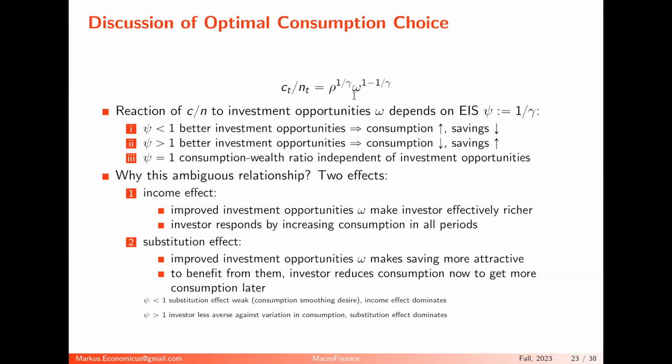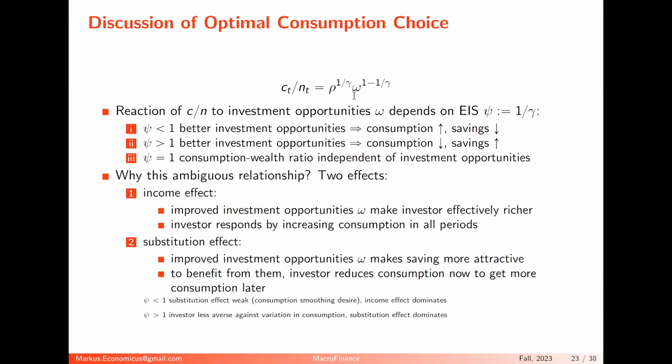I'm feeling very wealthy now, I want to consume some of it and smooth it across time and consume already today some. Or I say, oh my God, it's a great opportunity and I don't want to smooth so much. My smoothing force is not so powerful, but I want to exploit this opportunity as much as possible. Scale back today. It's worth it, because it gives me more total income down the road.